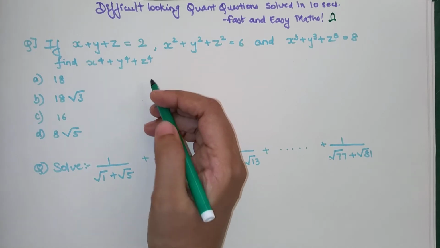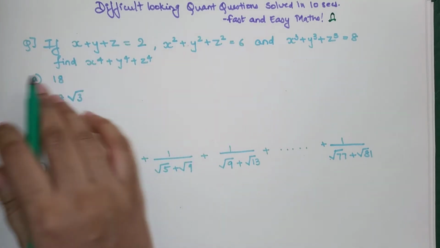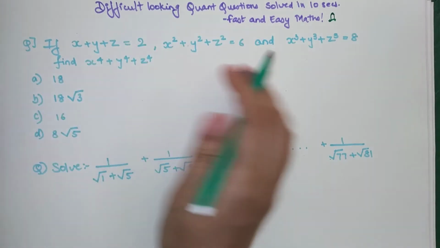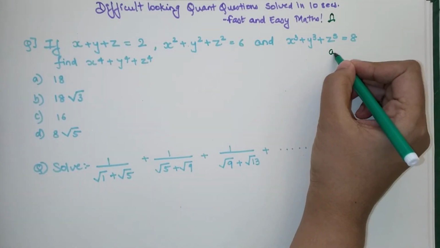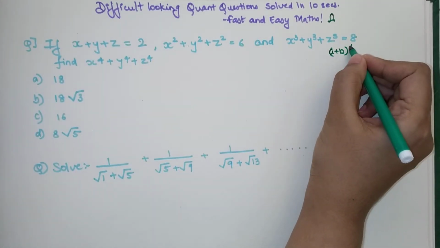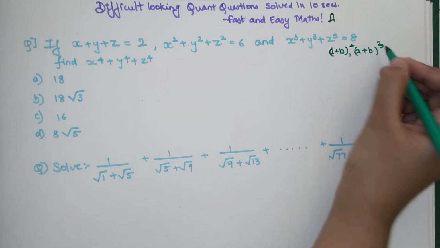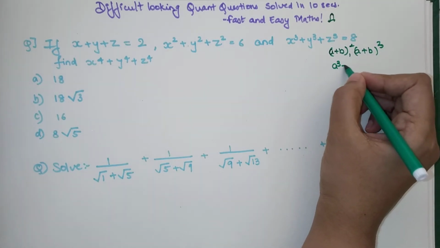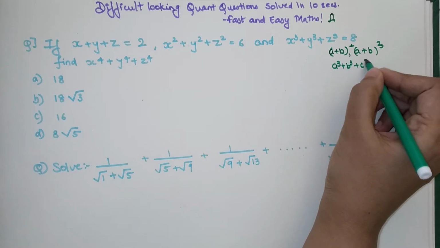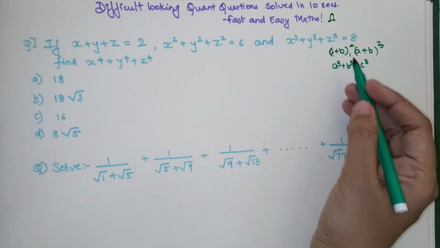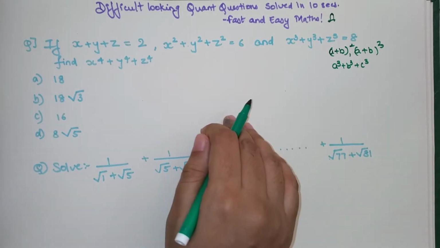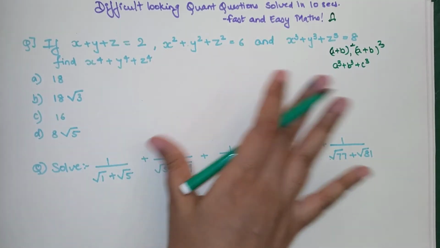Now students, please understand, you do not have to use any of your formulas like (a plus b) the whole square, or (a plus b) the whole cube, or a cube plus b cube plus c cube. If you actually apply all those formulas, then trust me, this sum will get very complicated.